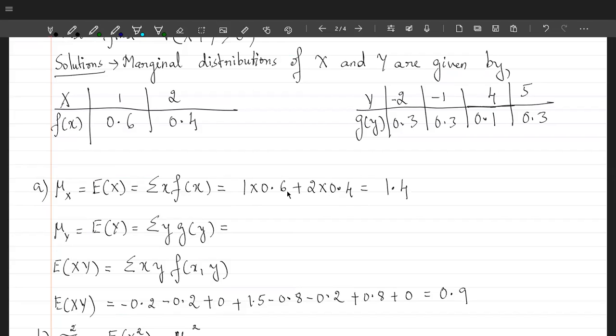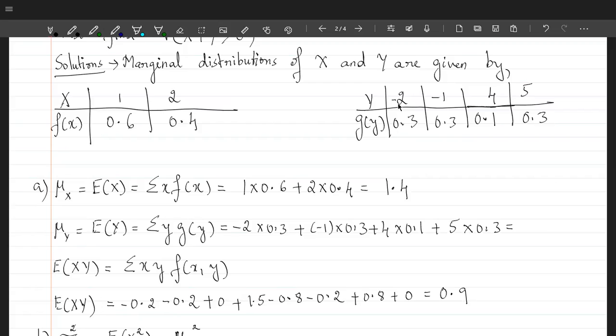Then the next value, that is summation y into g of y, is equal to: here y takes the first value as -2, so minus 2 into 0.3, plus minus 1 into 0.3, plus 4 into 0.1, plus 5 into 0.3.